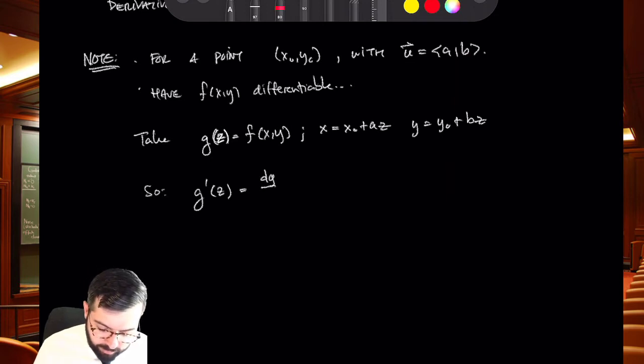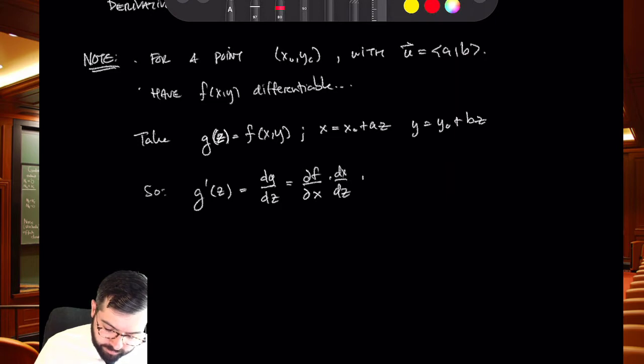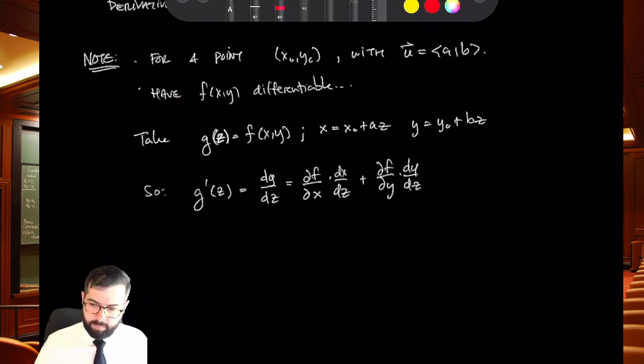This is the derivative of g with respect to z, which is the partial of f with respect to x times dx dz plus the partial of f with respect to y times dy dz. And so what does that get me?